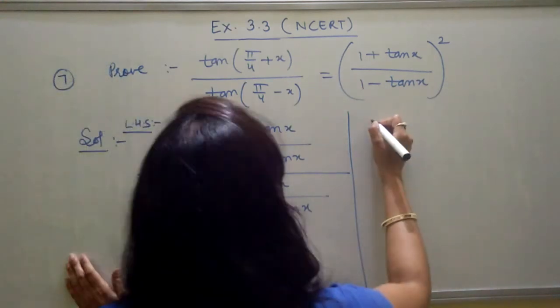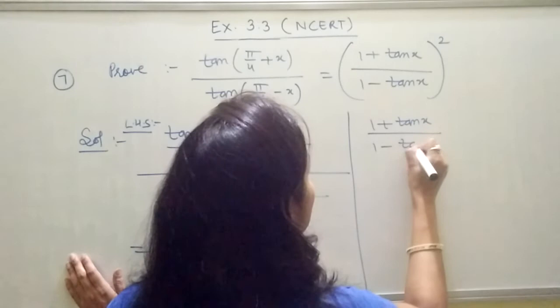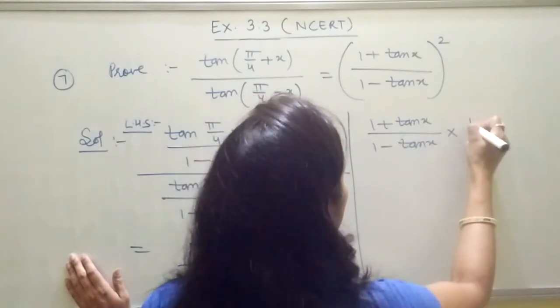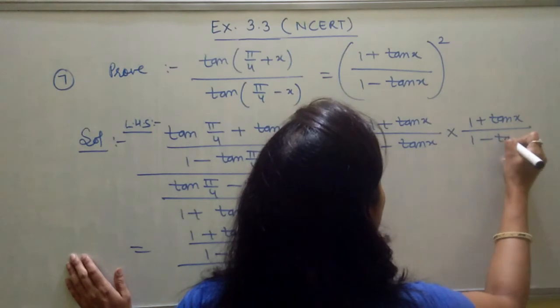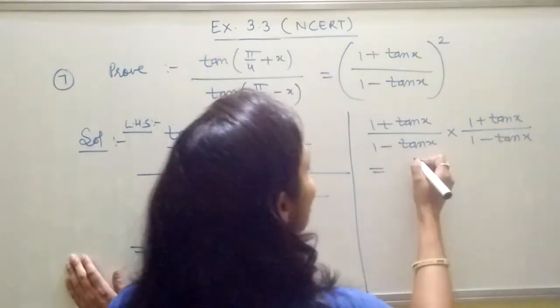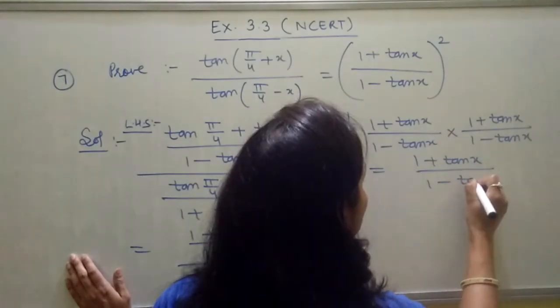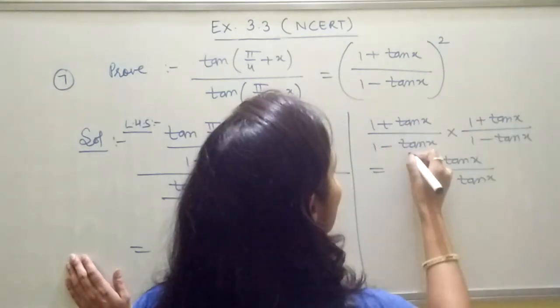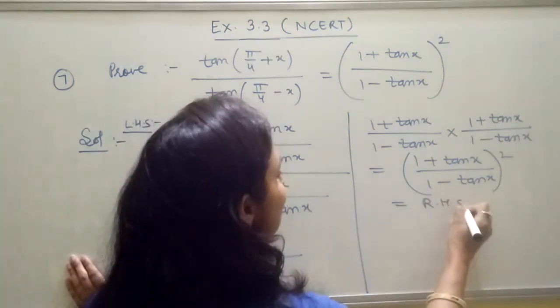So (1 + tan x) upon (1 - tan x) into (1 + tan x) upon (1 - tan x). Both are the same, so you can take the whole square. So this is the right hand side.